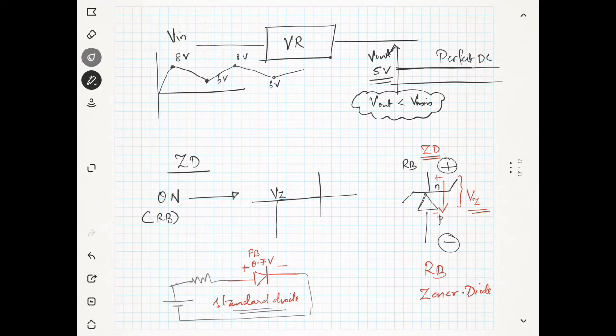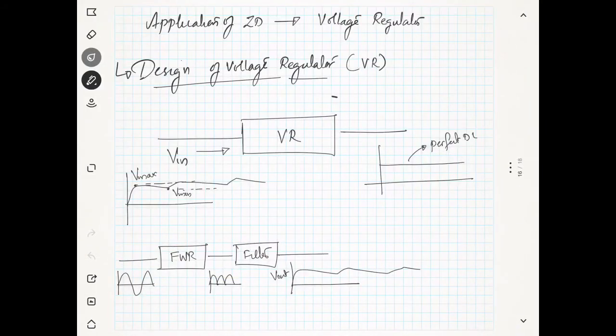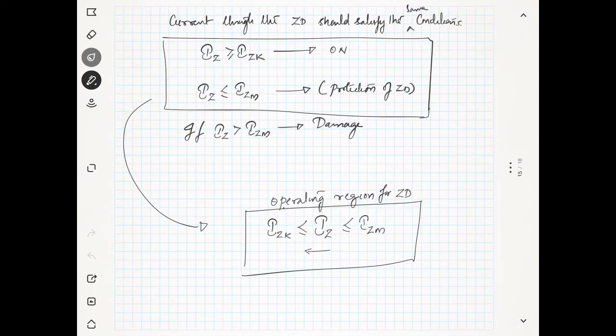To limit the current. In the previous slide I have already explained that this is the operating region for the Zener diode, right? So we have to maintain the current through the Zener diode within this region. Otherwise, it will not work properly.